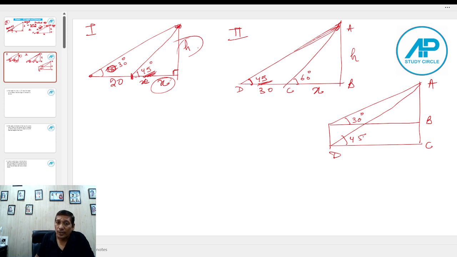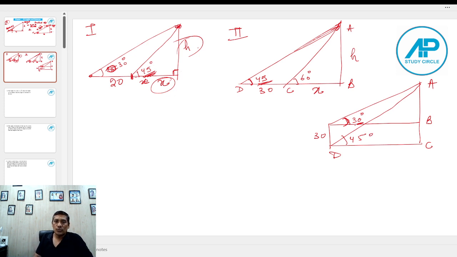Now he is moving vertically. He's moving vertically upward. Now he moves vertically upward by 30 meter such that the angle of elevation changes to 30 degree. So you got two angles here, the 45 and 30 degree.